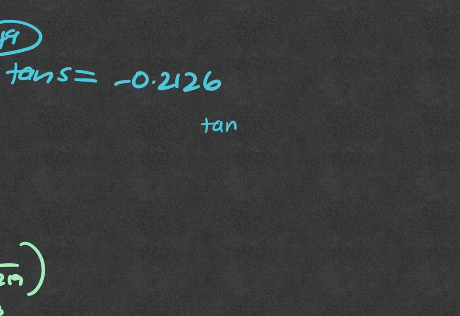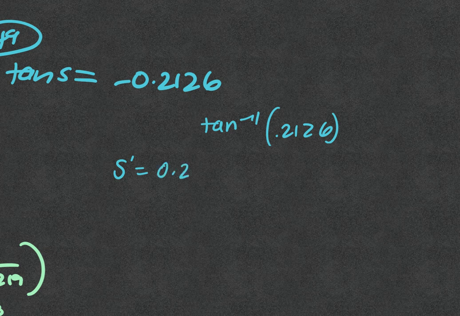So I do tan inverse of 0.2126 in the calculator in radians. I do second tan 0.2126, and I get that reference angle, theta prime or S prime, it doesn't matter what it is, 0.2095. If it said to round to 3 decimal places, it'd be 0.209.